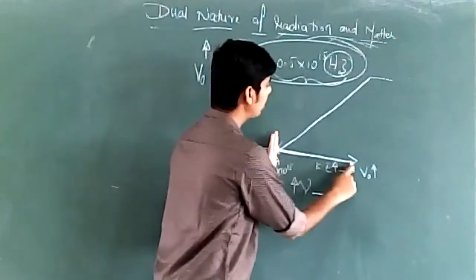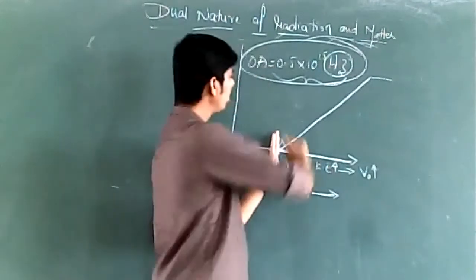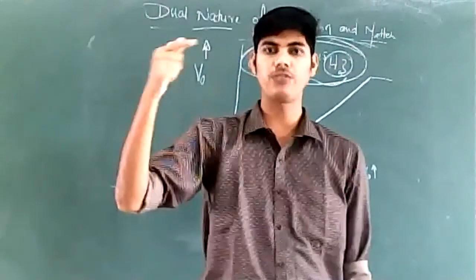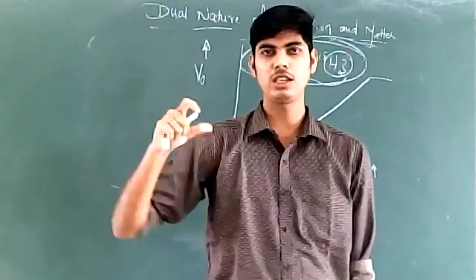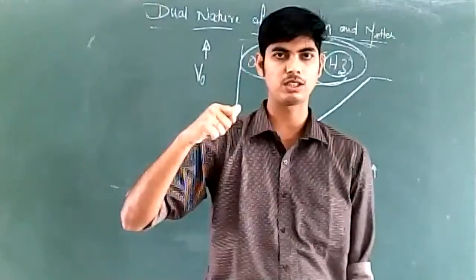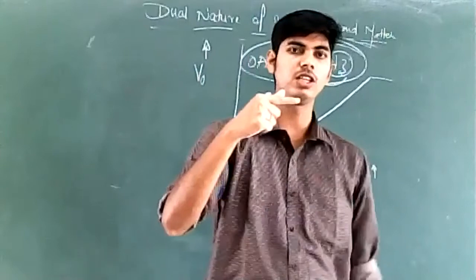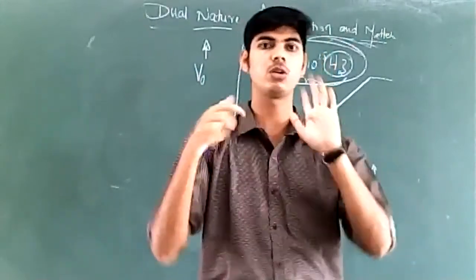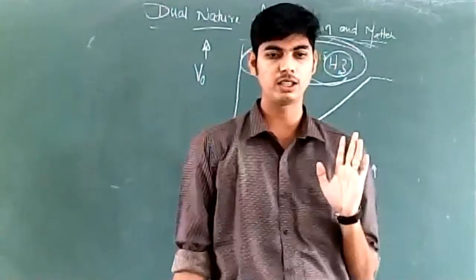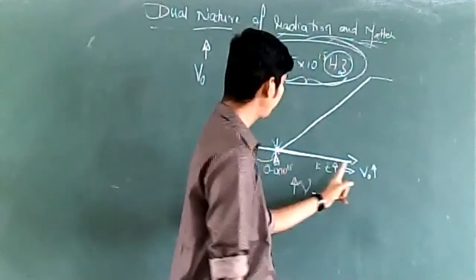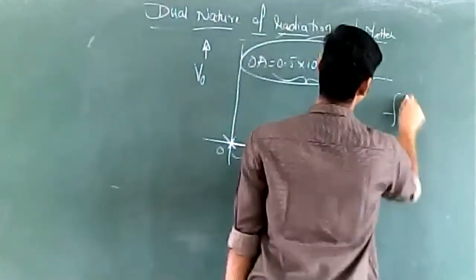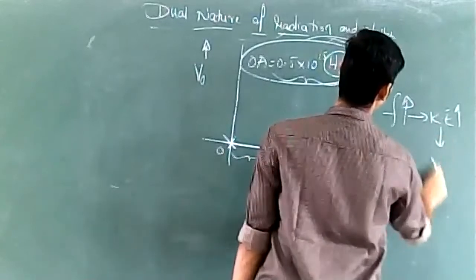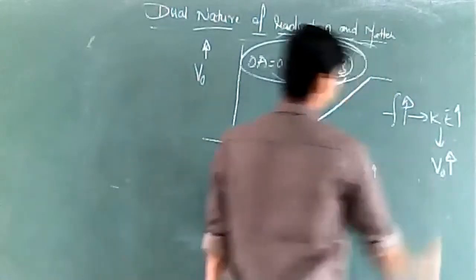As you go on increasing the frequency, the stopping potential also goes on increasing. If you increase the frequency of incident light, the electron kinetic energy increases, and the negative potential that must be applied to stop the electron also increases. So as the frequency of incident light increases, the kinetic energy of photoelectrons increases, and the corresponding stopping potential also increases.